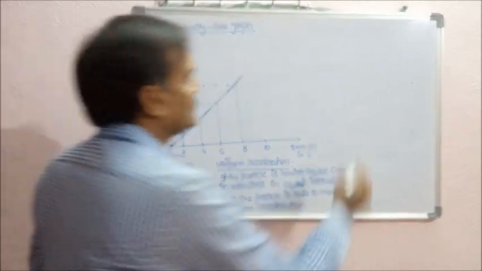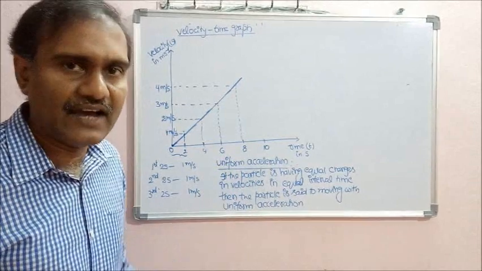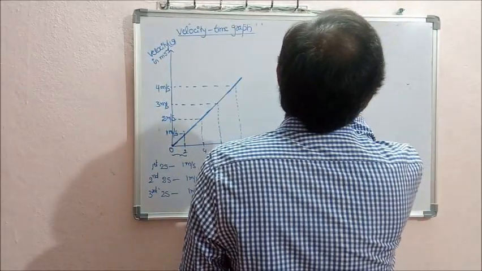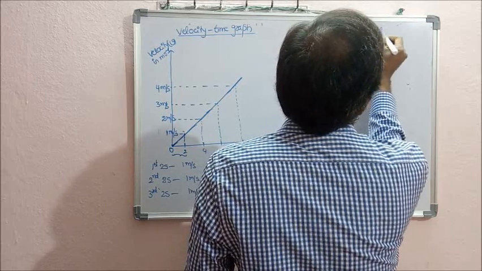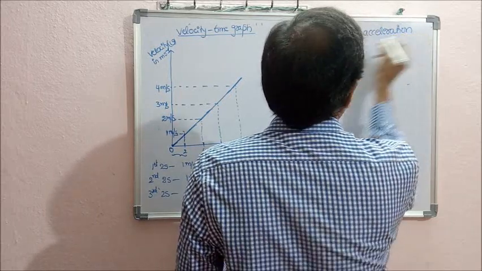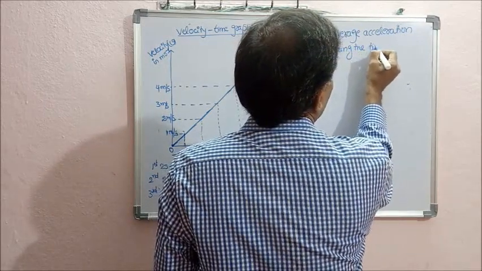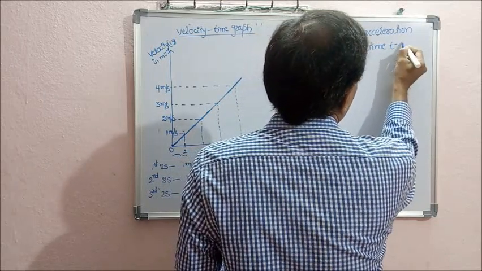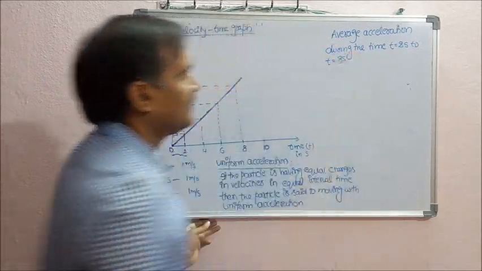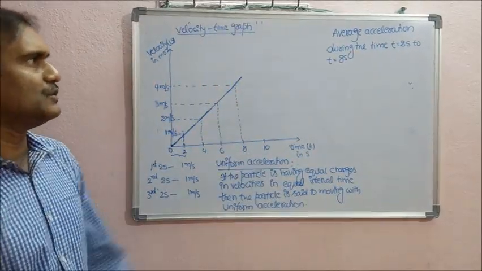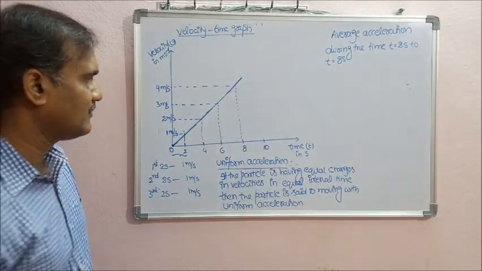to 8 seconds. Sorry, average acceleration. Find out the average acceleration during the time interval t is equal to 2 seconds to t is equal to 8 seconds.